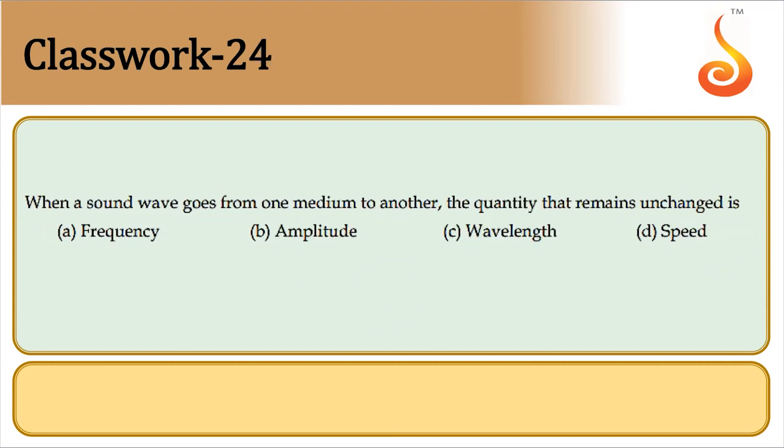When a sound wave goes from one medium to another, the quantity that remains unchanged is: frequency, amplitude, wavelength, or speed. Hope you can answer this. When any wave goes from one medium to another medium, we call it refraction. So what remains constant during refraction? Only two people answered.